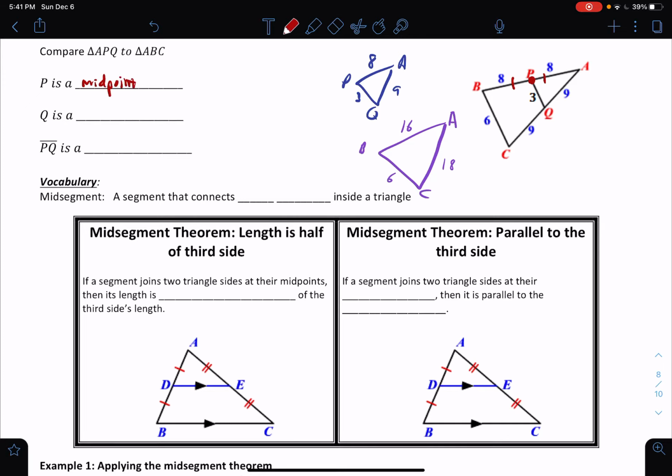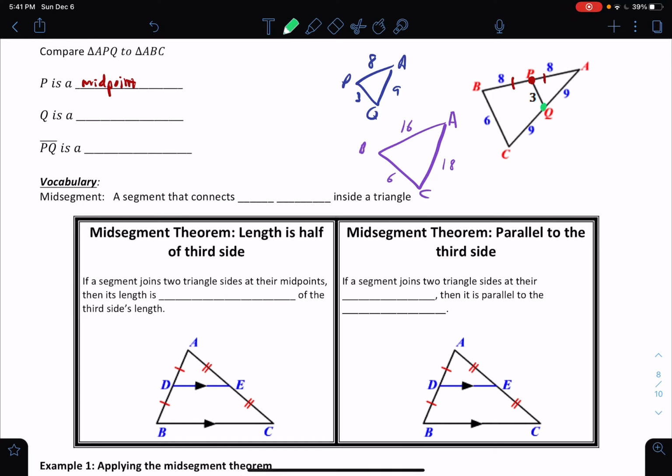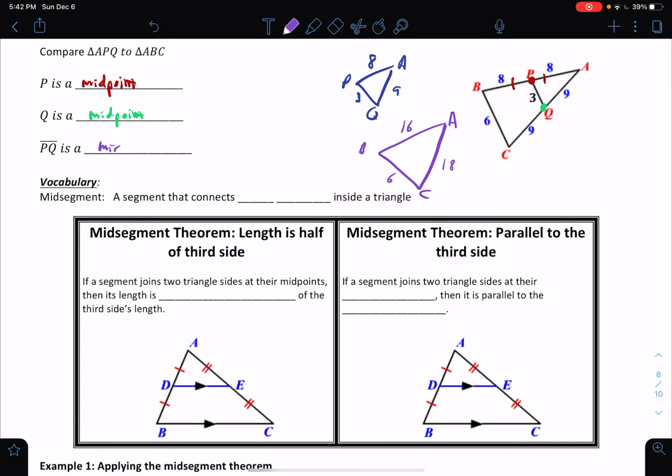What about Q? When I plot Q, it breaks up AC into two parts, both being 9, which means Q is also a midpoint. All right, PQ, which is half of the third side BC, since it connects the two midpoints, is called a midsegment.